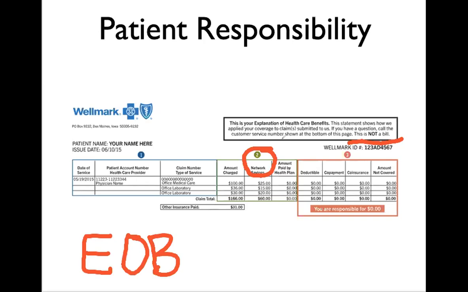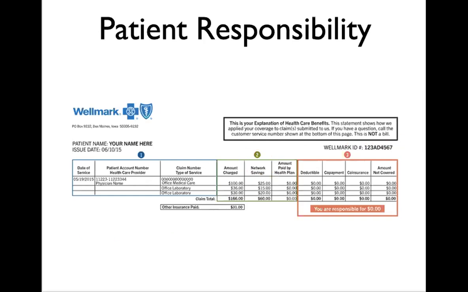In this particular case, there were some network savings, but they did not pay anything. And this is just a small snippet, and I have some more examples that we'll look at. What it could be in this situation is something that they don't cover, or another insurance company has already paid in those cases where the patient has more than one plan. But this particular form here is called an EOB, or explanation of benefits.